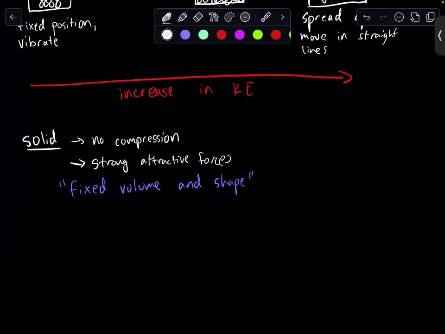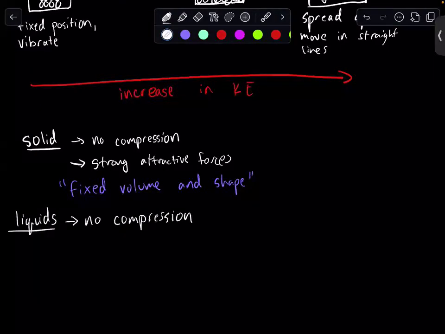Now, if we move over to our liquids, much like solids, there is no compression. So liquids will not compress. If you fill a water bottle with water all the way to the top, not a single air bubble, and you squeeze it, you won't be able to squeeze that water bottle because there's nowhere for that water to go. So we say there's no compression.